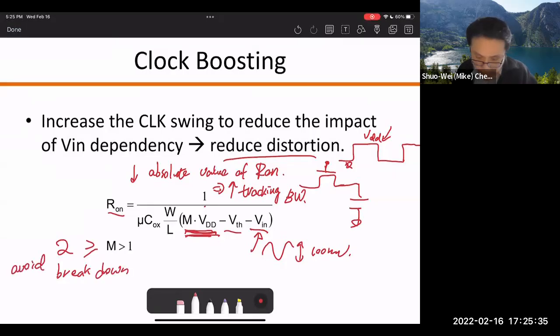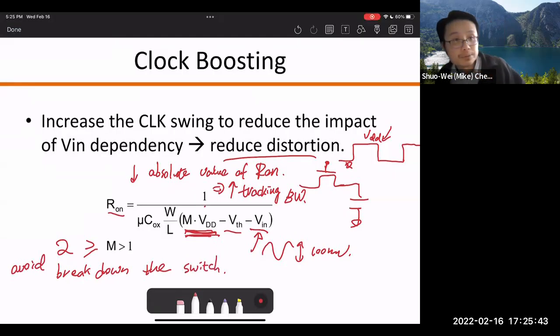On one hand, we want to reduce the on resistance and the distortion, which is fine, but let's not forget we also need to keep our circuit alive. Sometimes, as we try to improve that, this can be overlooked, and then the circuit can be broken.